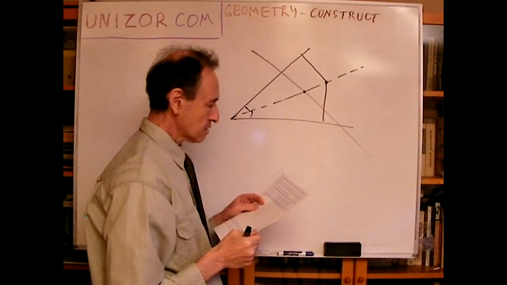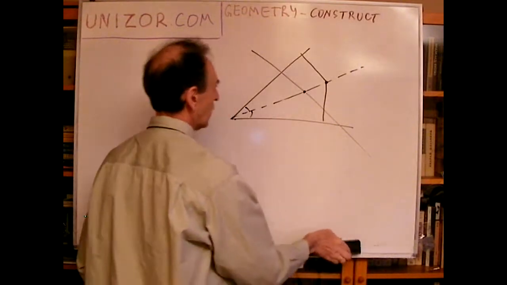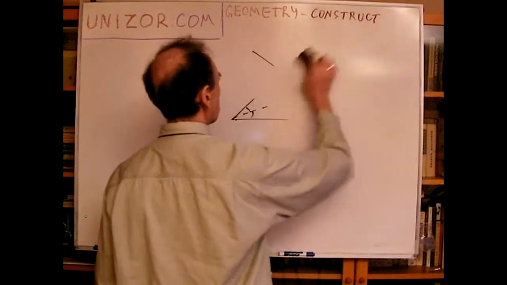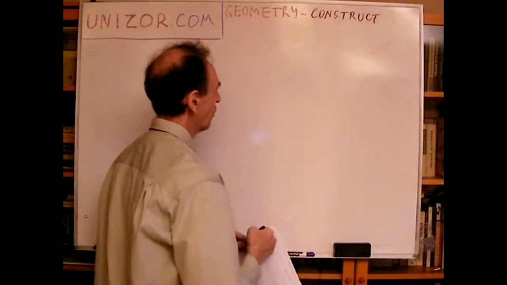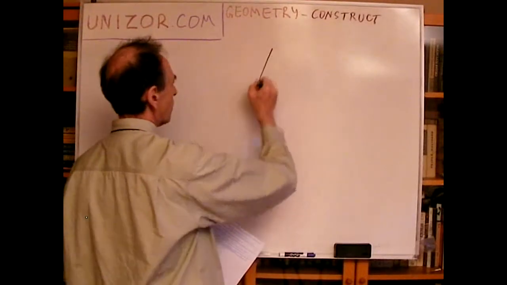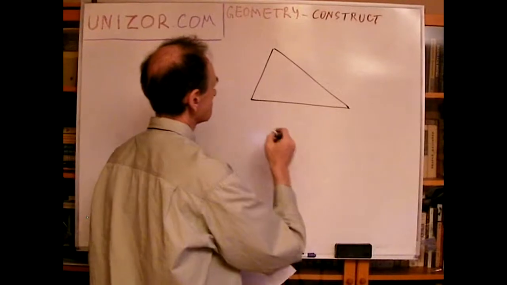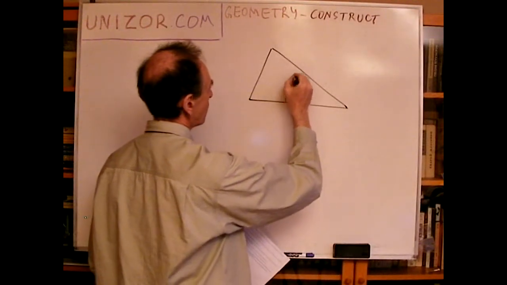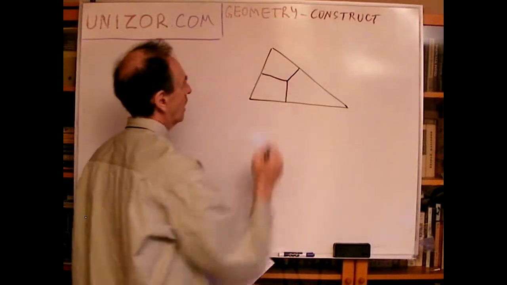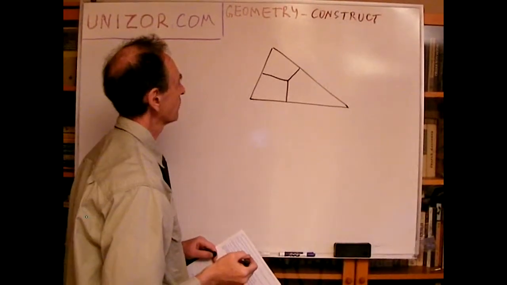Okay, construct a point equidistant from the three sides of a given triangle. We first made a construction of the point equidistant from three vertices. Now let's do distance from three sides. So we have to find the point where these perpendiculars have equal lengths. How to do it?